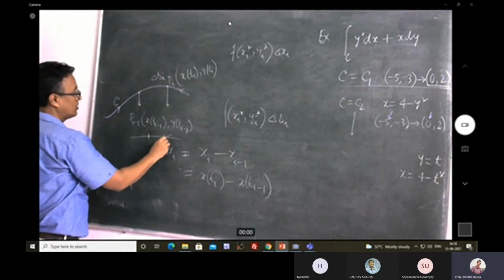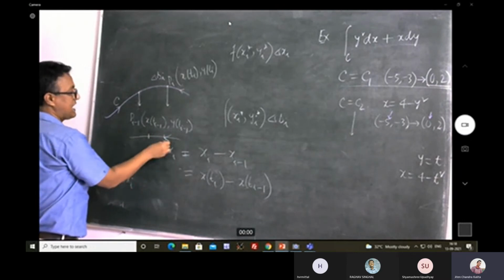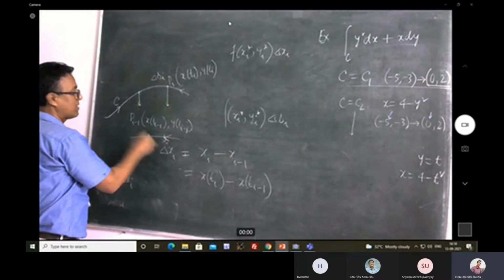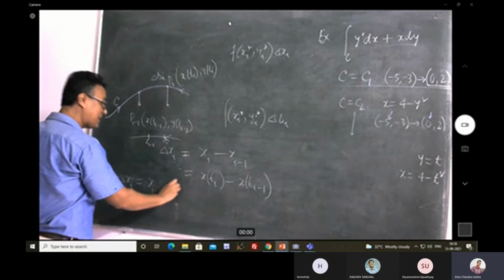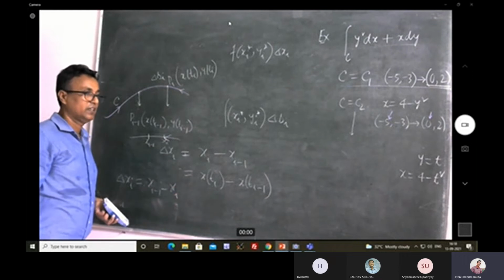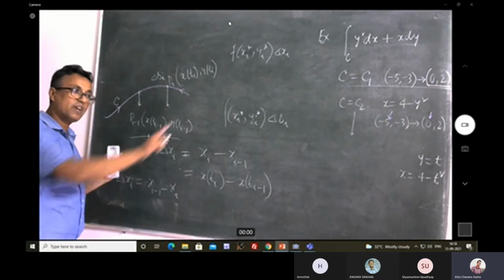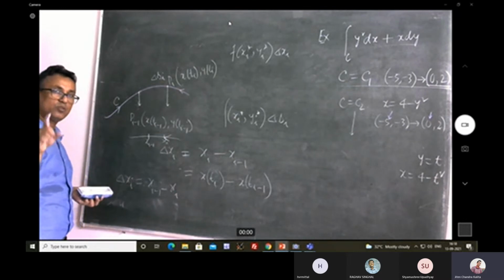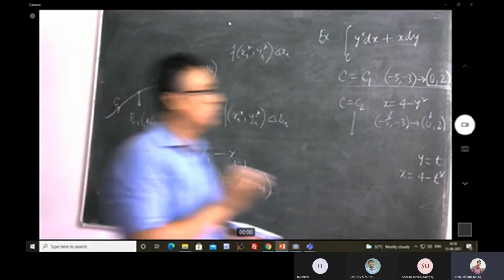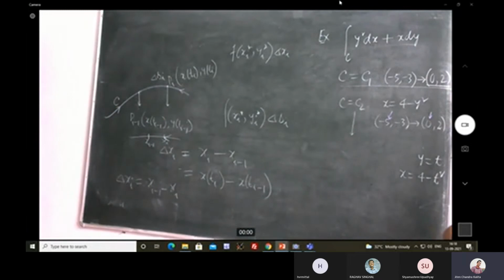So you are going to get x i first, after that x i minus 1. So this is going to be x i minus 1 minus x i. So in that case, the value is going to change. It is going to be simply the negative of that. You should remember that.